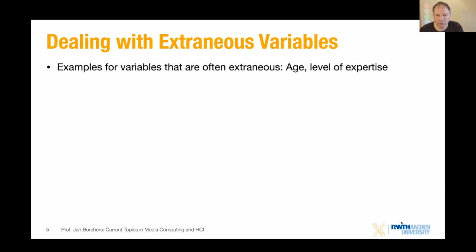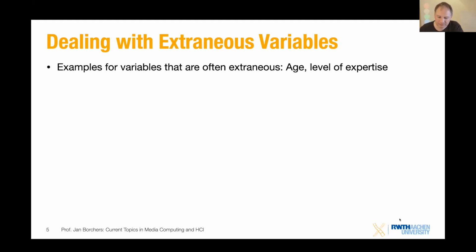And so what we can do to deal with these kinds of variables, there's a bunch of different approaches. The first one, and that's almost the most obvious one, is you say, well, I'm not sure whether age is going to have an influence on the performance in this experiment.